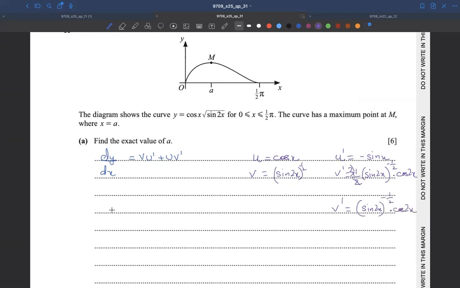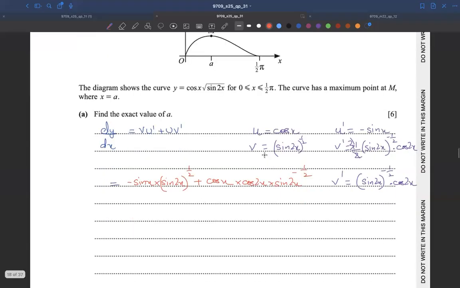Now substituting this into the formula, what we'll get is vu', that will be equal to minus sine x into sine 2x to the power of half, plus uv'. So u is cos of x, into v' is cos of 2x into sine of 2x to the power of minus half.